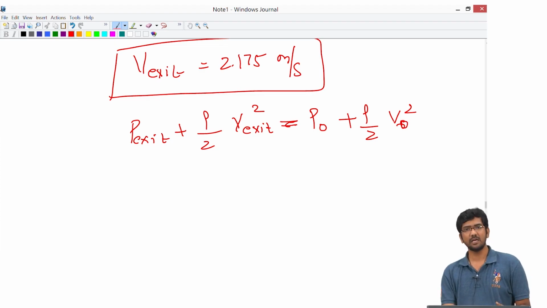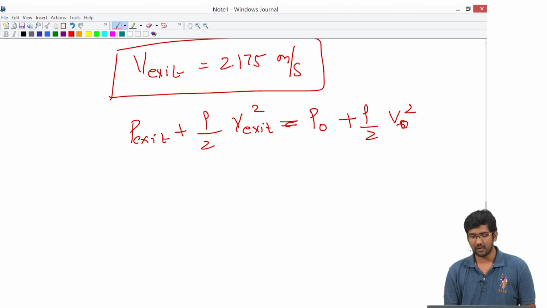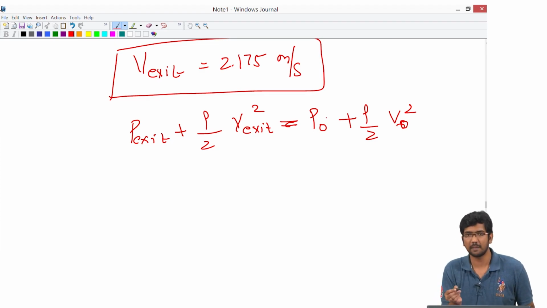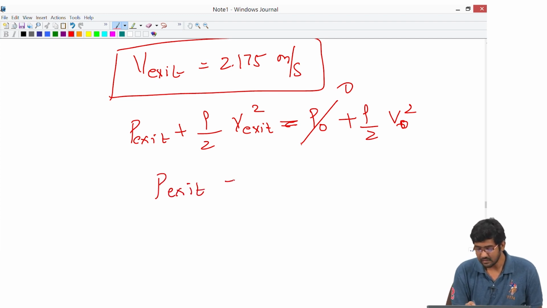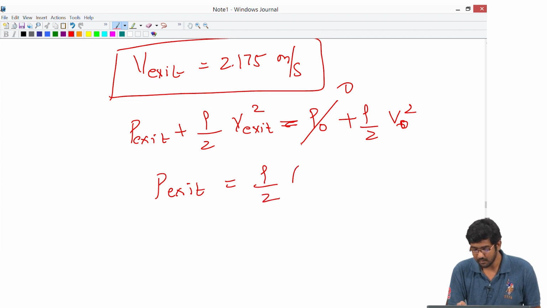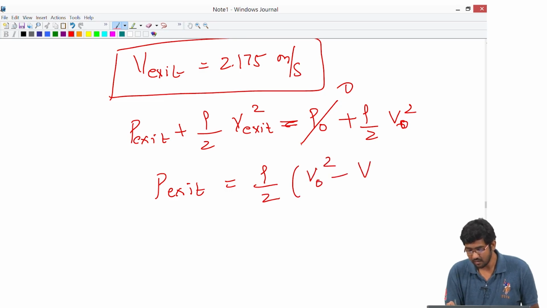As the inlet pressure is atmospheric pressure, let us work with the gauge pressure, which means we are subtracting the atmospheric pressure from the given pressures. Therefore, as inlet pressure is already 1 atmosphere, this goes to 0 because we are looking at the gauge pressure. So, what we can get is P exit, which is rho by 2 times V inlet square minus V exit square.